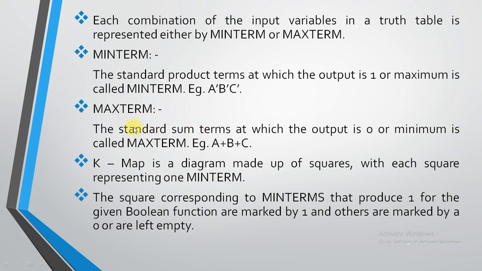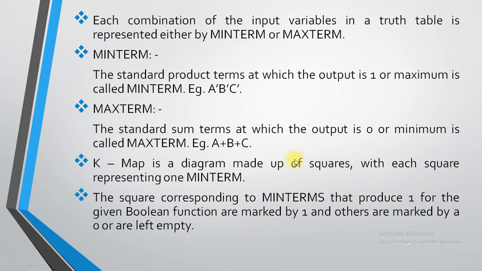So maxterm is represented for sum. Its output is 0 or minimum, and in the opposite, minterm's output is 1 or maximum. A dash, B dash and C dash is an example of minterm, and A plus B plus C is an example of maxterm.